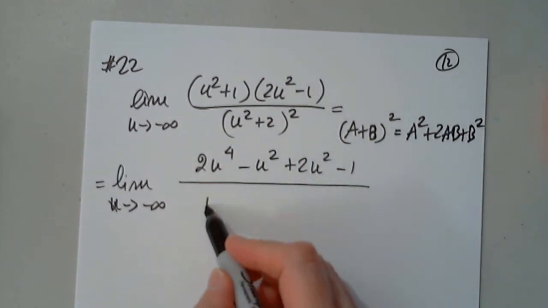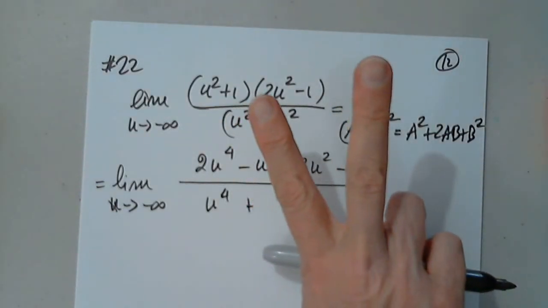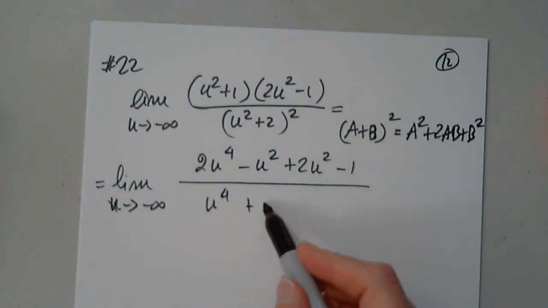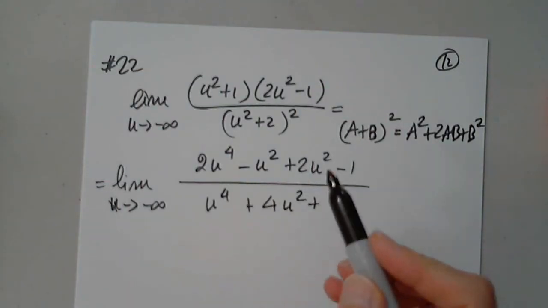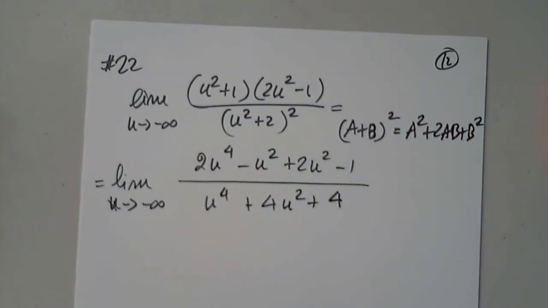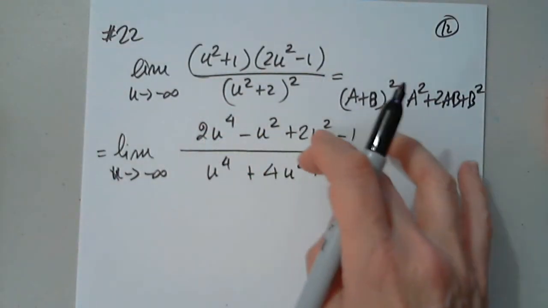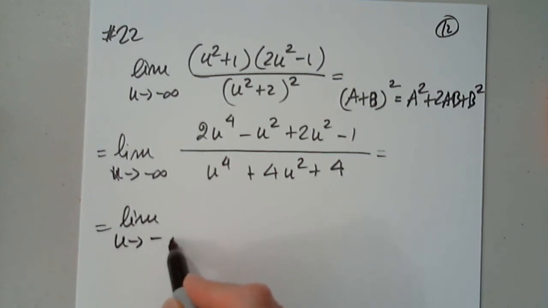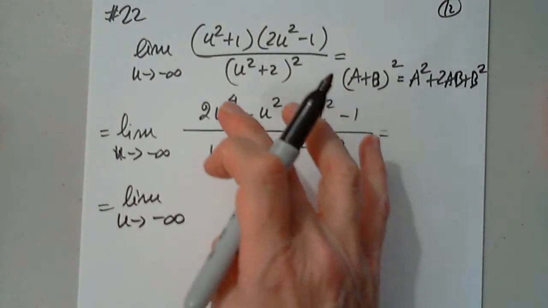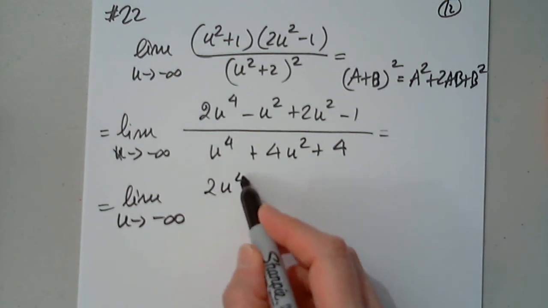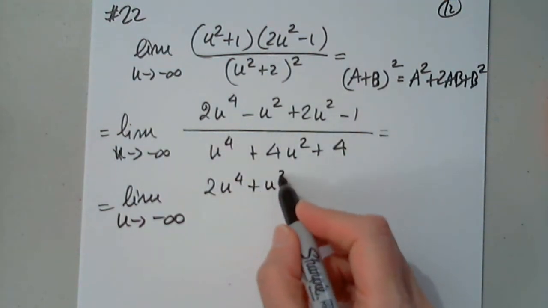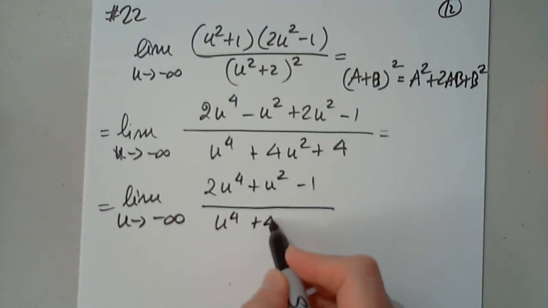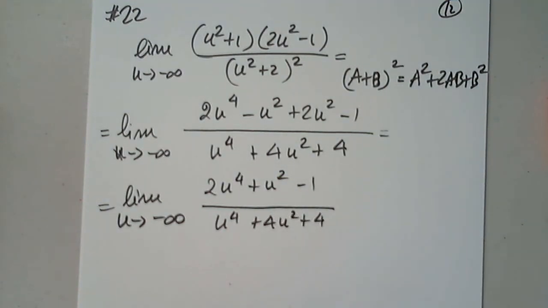A squared, u to the 4th, plus 2 times the first times the second, it doesn't matter. It's 4u squared plus the second term squared. Simplify by combining like terms. Limit as u approaches negative infinity of 2u to the 4th plus u squared minus 1 over u to the 4th plus 4u squared plus 4. Okay.